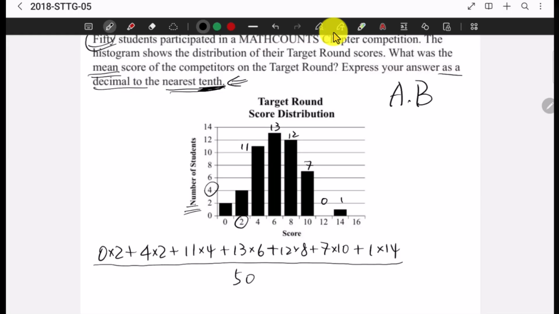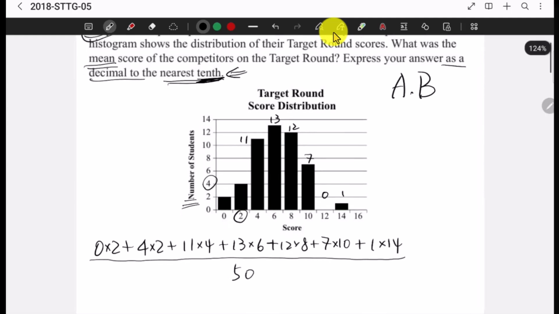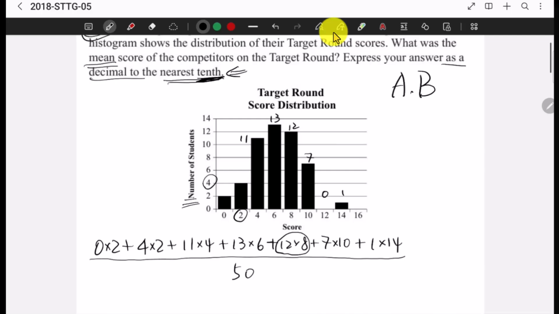There are, of course, some smart ways of doing the calculation, for example, combining some numbers to make the addition a little easier.